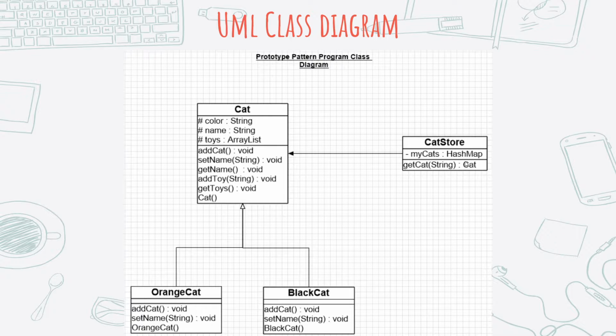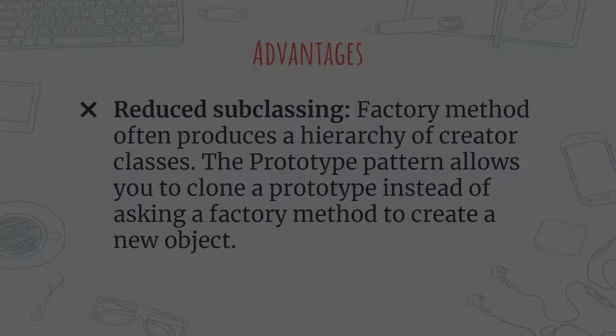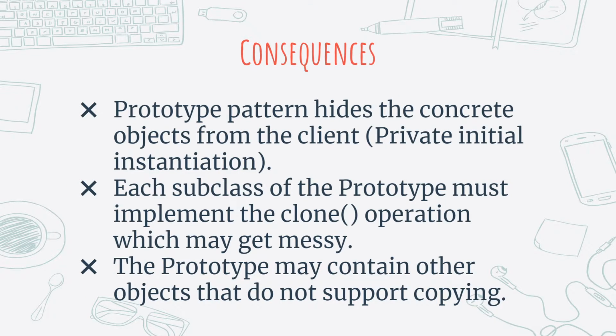That essentially hides the two concrete objects that are cloned from the client. Each subclass of the prototype must implement the clone operation, which can make it messy. Again, we have the cat class, which implements and overrides Java's default clone method. You'll see that once I get to the demo.